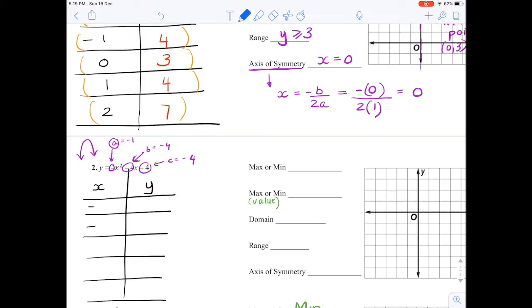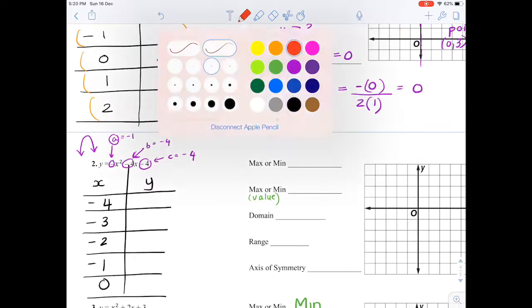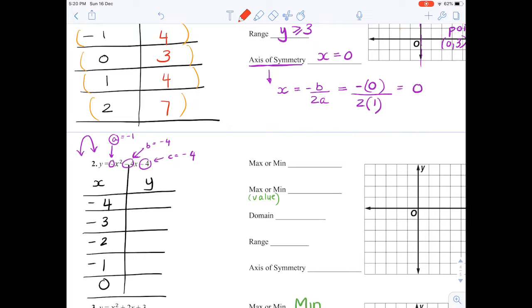So taking a little bit of artistic license here. Here we go. So we'll use negative 4, negative 3, negative 2, negative 1, and 0, just because I'm looking at the grid that I've given you guys, and this graph is going to be over quite far to the left. Okay, so pick up your calculators and let's put negative 4 into this equation.